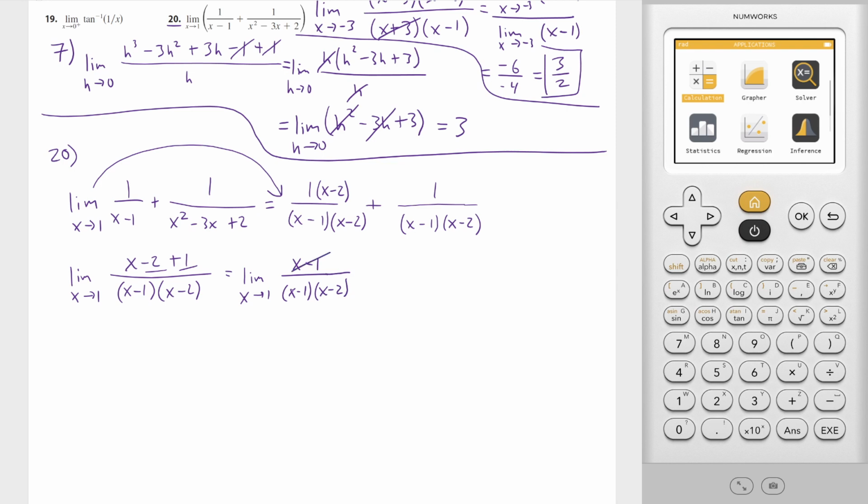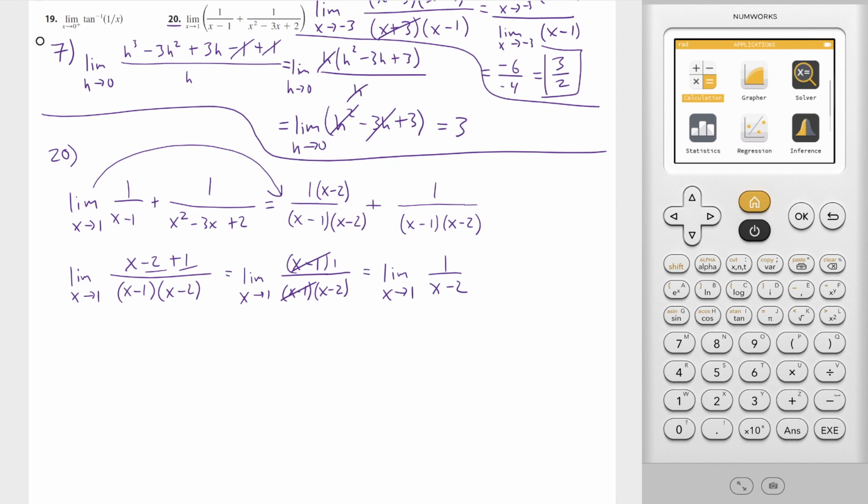Okay, well, now I have a common factor on the top and the bottom. Keep in mind that there's a 1 multiplied out there. The x minus 2 doesn't just pop up to the numerator, but I am a lot closer to solving this. So this is equal to the limit as x goes to 1 of 1 over x minus 2.